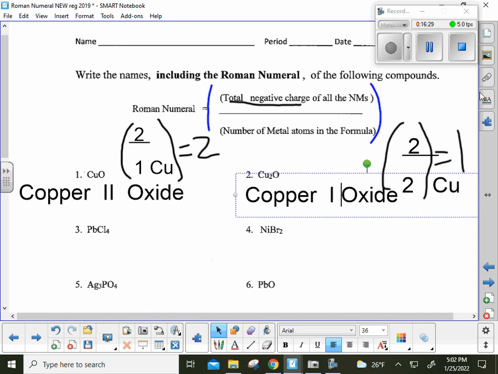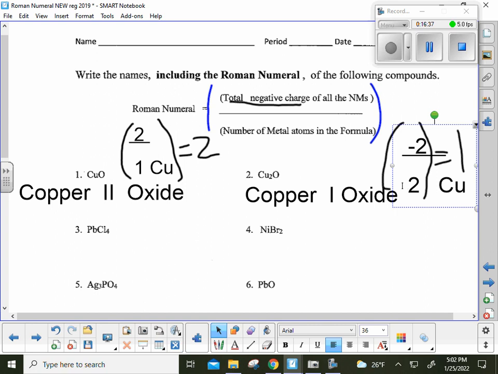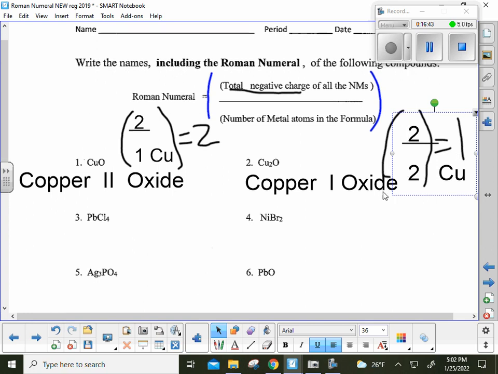Because you have 2 negatives on top, you don't even worry about the negative sign, but it's over 2 coppers. So that 2 over 2, ignoring the negative altogether, is going to equal 1. Okay, so it is kind of complicated, but I want you to try it.